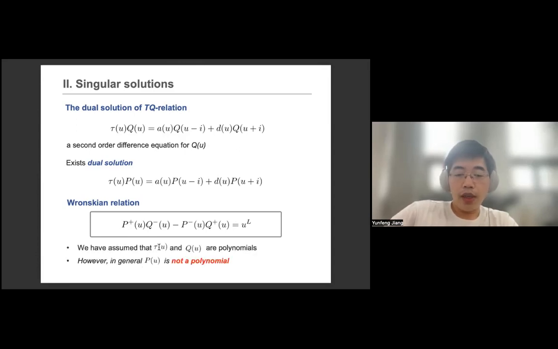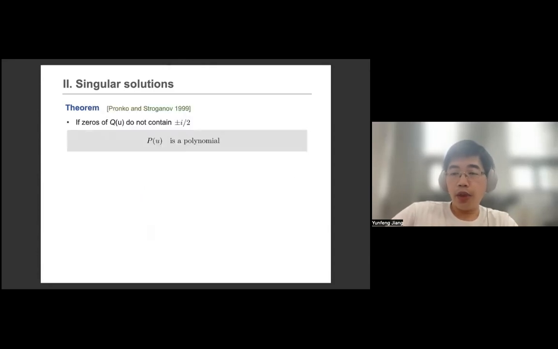So we have assumed tau(u) and Q(u) are polynomials. However, even if you assume that, P(u) in general is not a polynomial. This is the crucial part. And there is the following important theorem, which is actually proven in two papers.